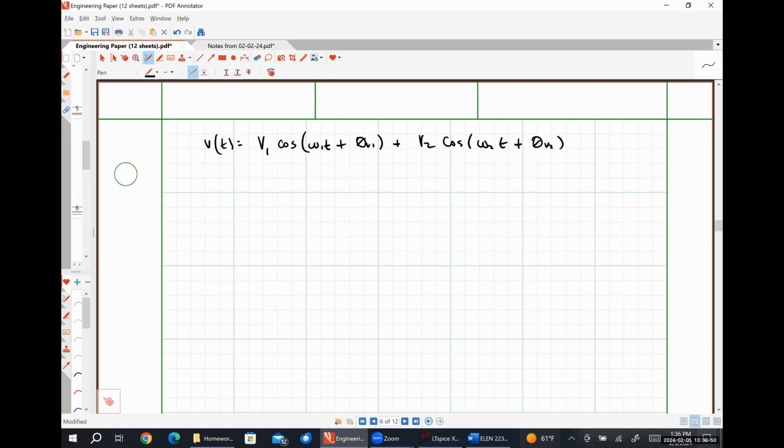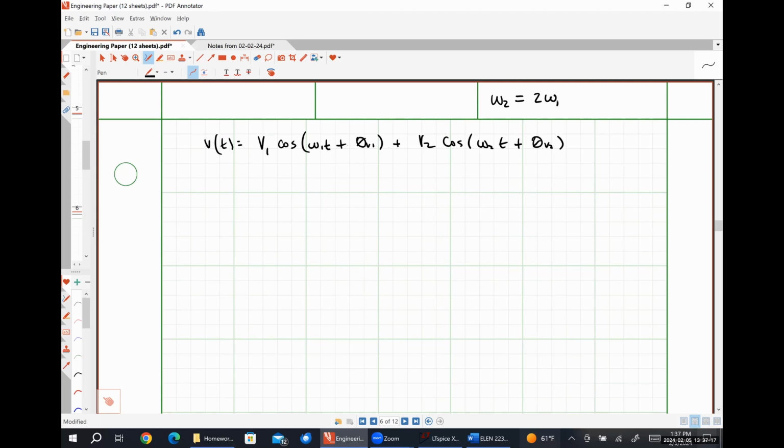We also have a restriction here that omega 2 in our example is just twice omega 1. So the angular frequencies need to be related to each other in some way. Integer is best, just so that when we do the integration, it's obvious that things will cancel out to 0.